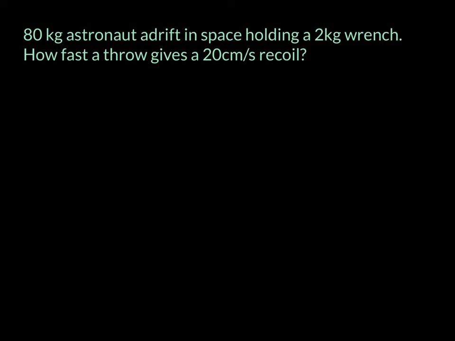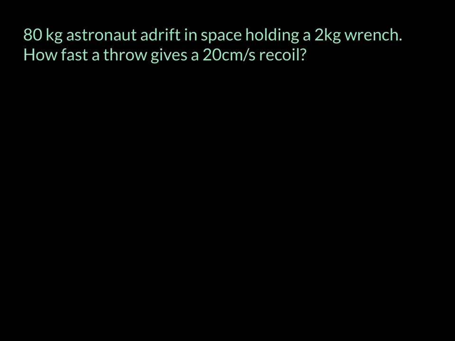The astronaut obviously exerts a force in throwing it and gives that 2 kilogram wrench some speed. And so just like you've seen in the movies, you would see the wrench start moving in that direction and the astronaut going in the other direction, right? And if you've seen the space movies, like the Mars movie where he's about to miss his ride back, all that stuff.